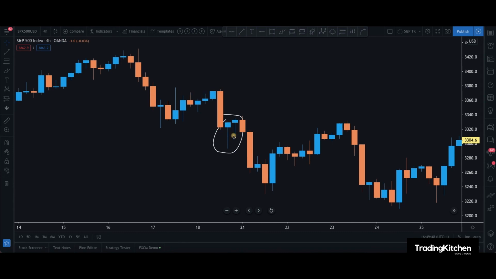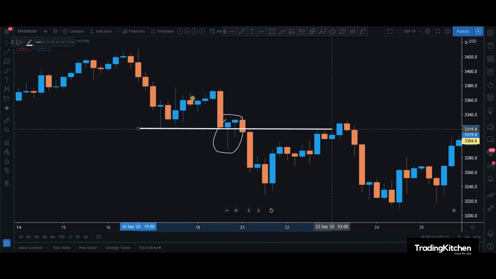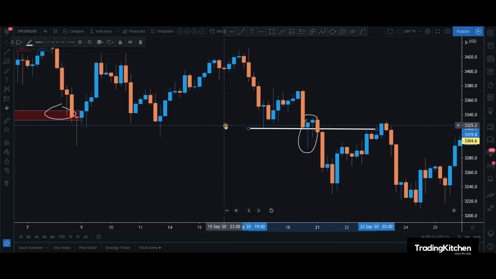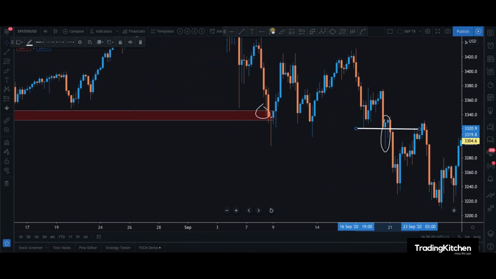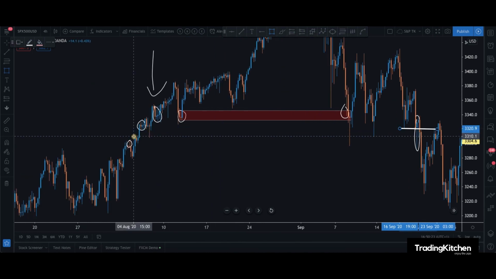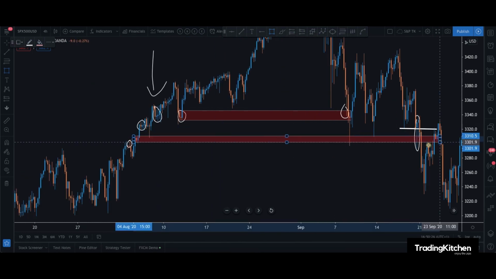Second, I consider valid a pin bar which is made in a key area, like for example a support, as in this case, or a structure, as maybe in this case. I don't know, maybe not, but if you see, this is a very good area.